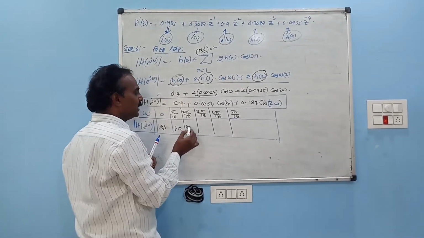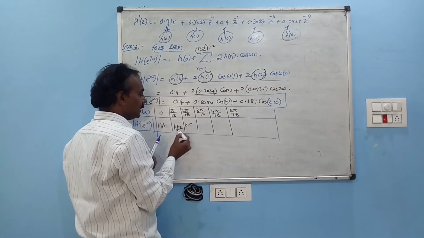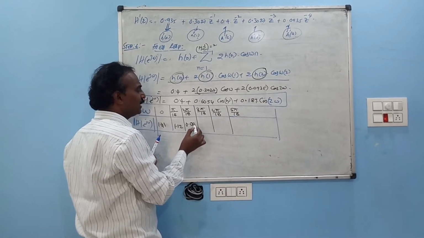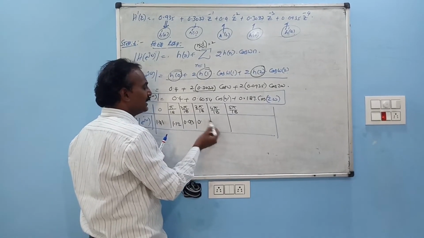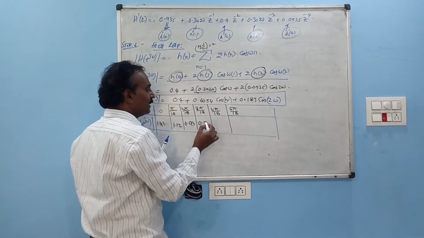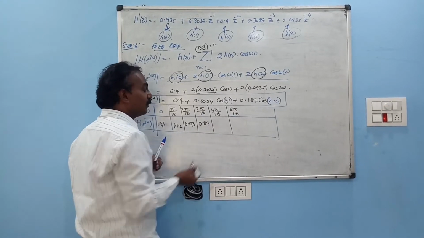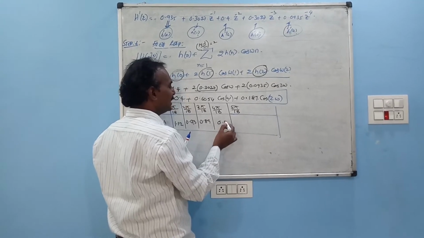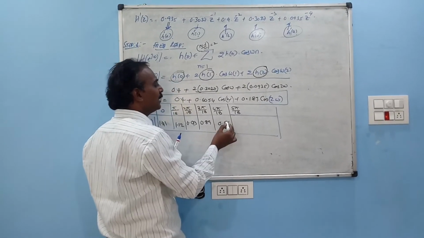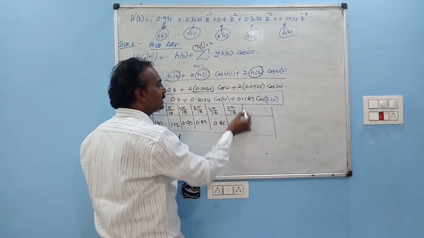This becomes 0.9 approximately. This becomes nearly 0.89 approximately. This is 0.65 or 0.5 approximately I am saying. You can see this in a calculator like that.